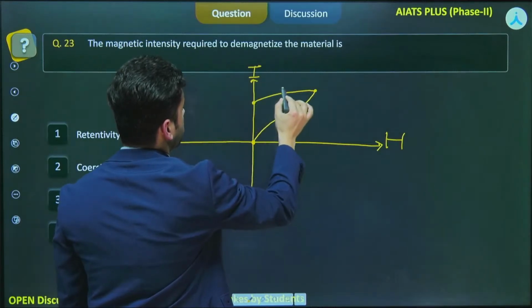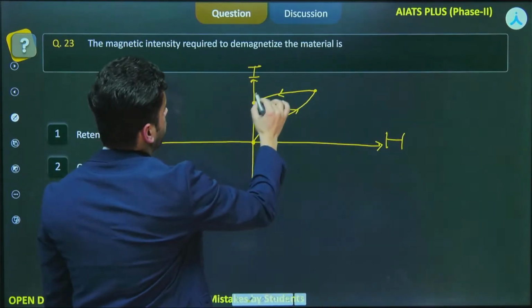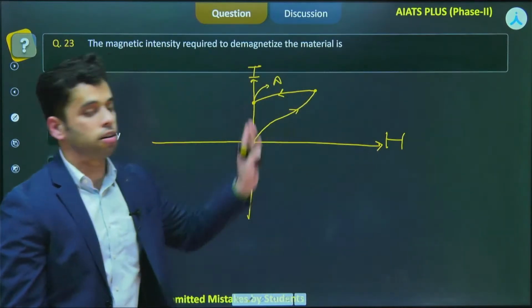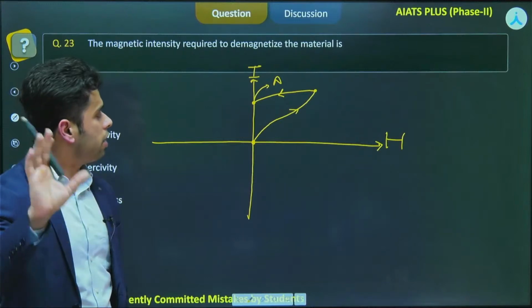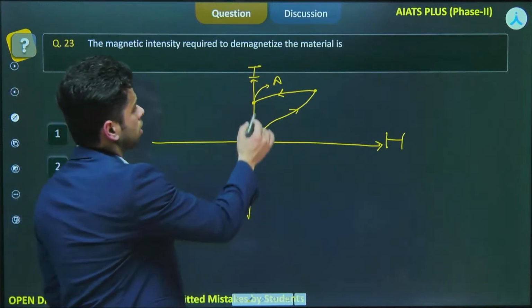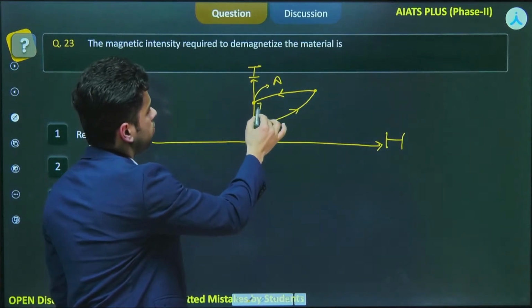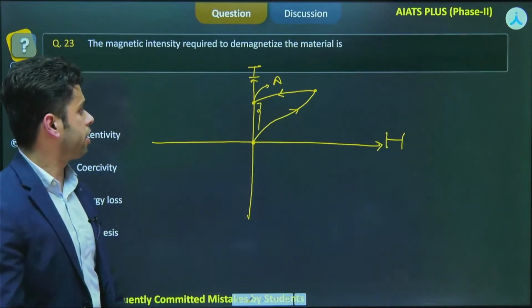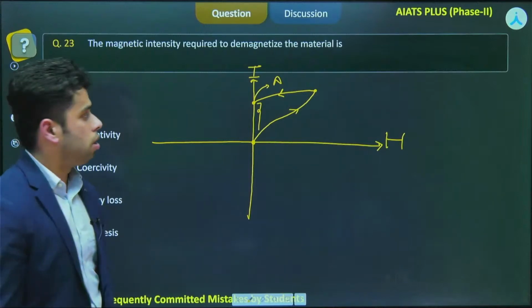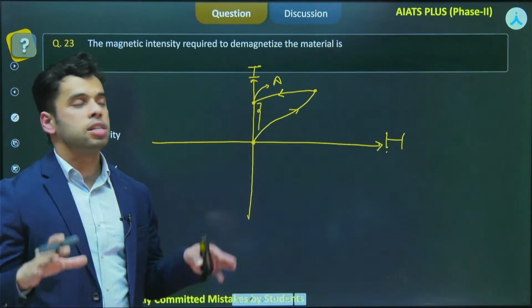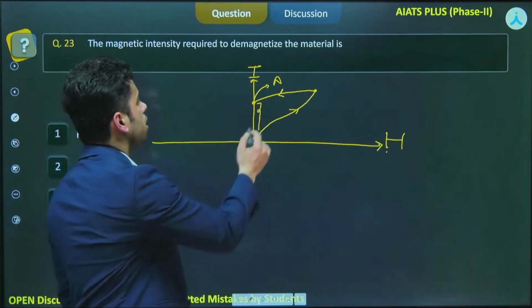Now have a look at this point A. Even if the external field has vanished, or become zero, some intensity of magnetization is still left in the material, and this is known as retentivity. When H is equal to 0, some part of I is still there in the material. This is called the retentivity.